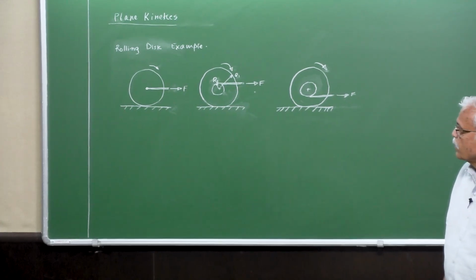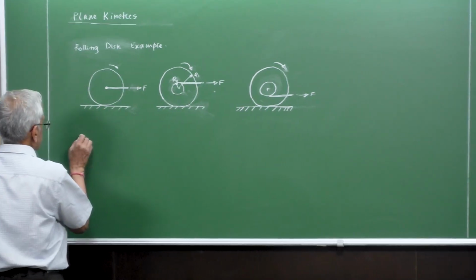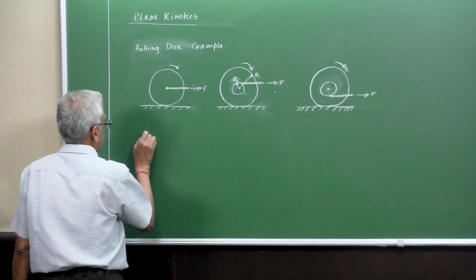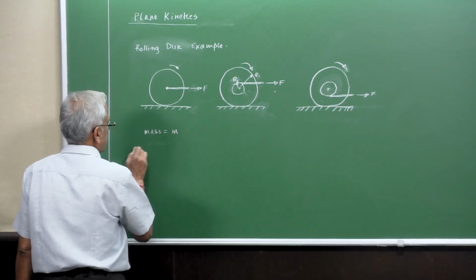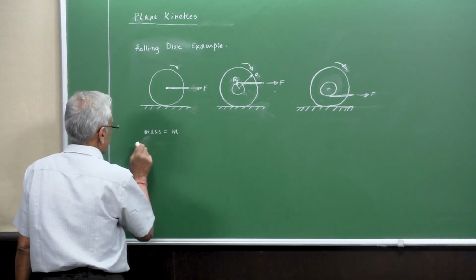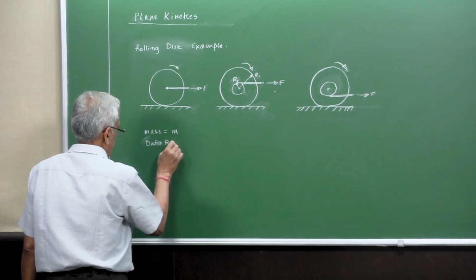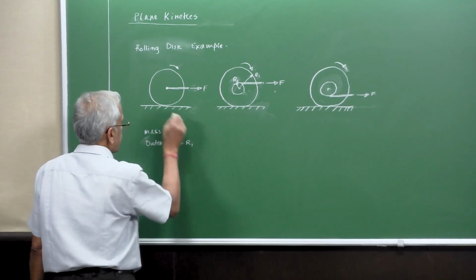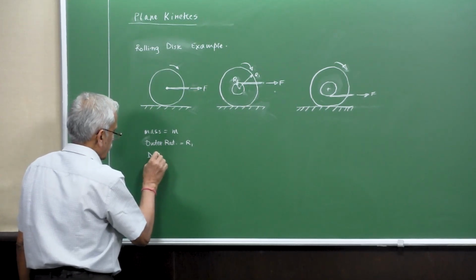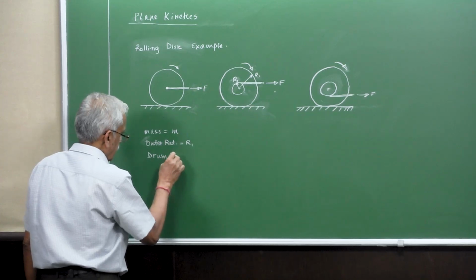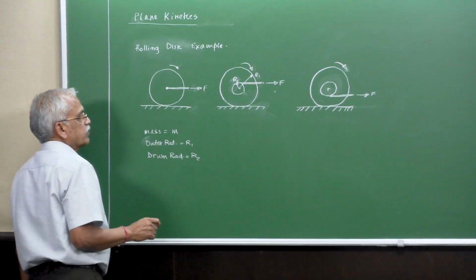So let's assume that there is a friction, and of course the mass is m, and the outer radius is R1, and then a smaller drum, drum radius R2, and then there is a force F applied.